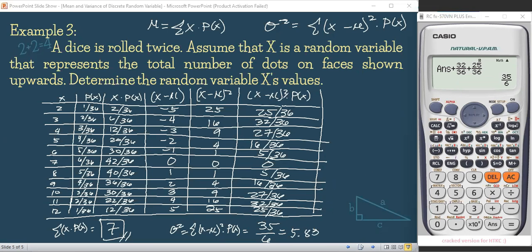Now to get the standard deviation, we just need to take the square root of it. So taking the square root of 35 over 6, that will give us 2.42 approximately. So the standard deviation is 2.42 approximately. These are our answers.